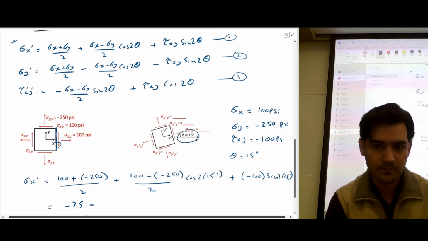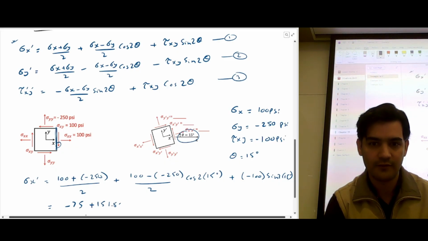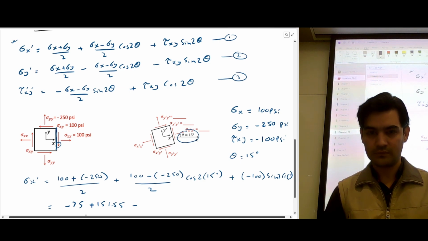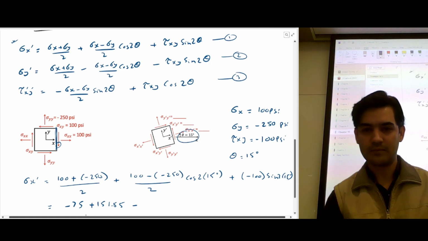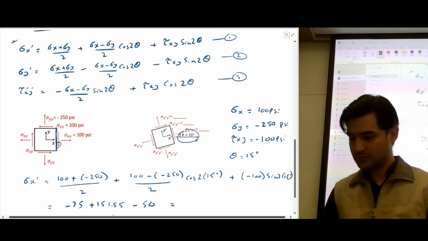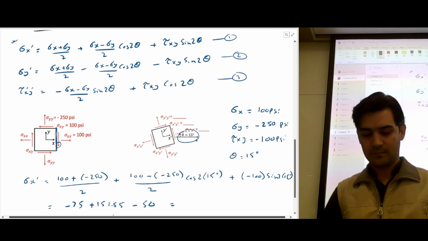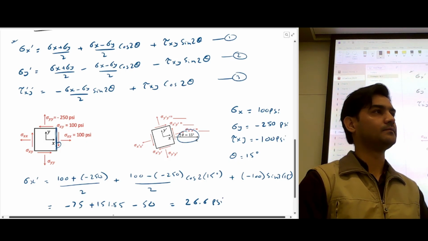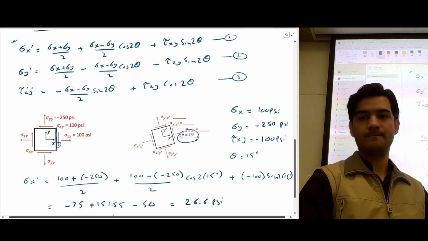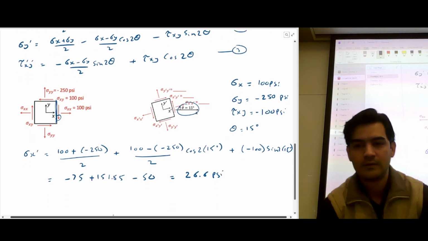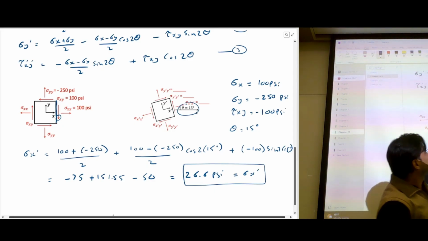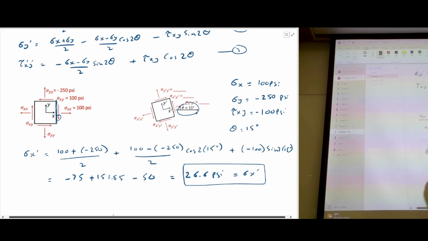So this is plus 151.55, and then negative 100 times sine 30 degrees, which is 50. So you will end up getting minus 75 plus 151 minus 50, which gives 26.6 psi. This is our updated stress x prime. You can see that before our stress was 100 psi, and now it has reduced to 26 psi.